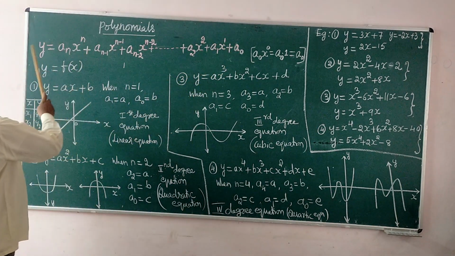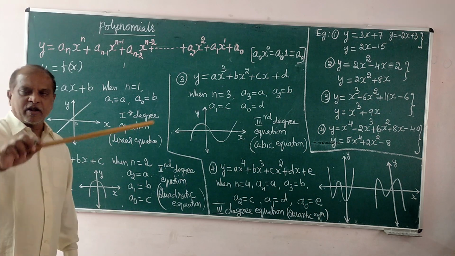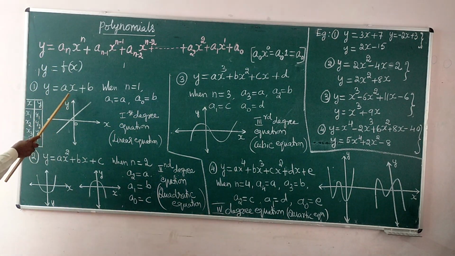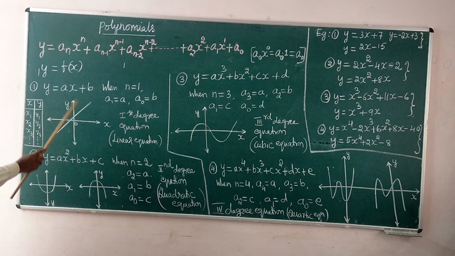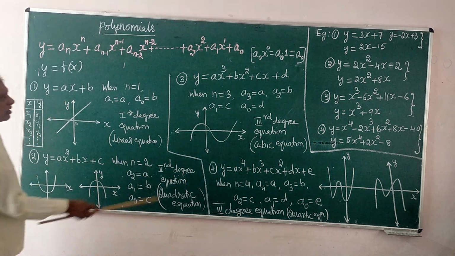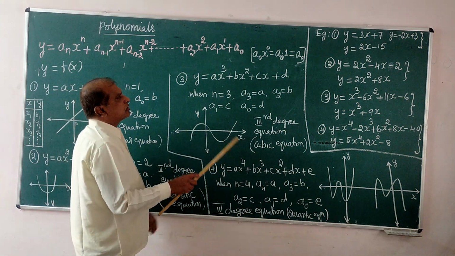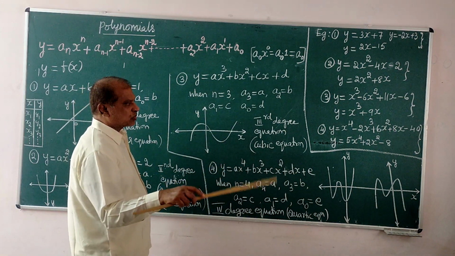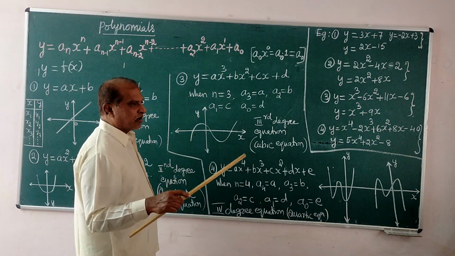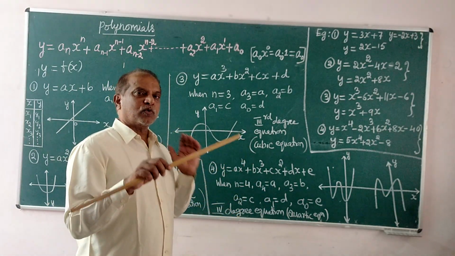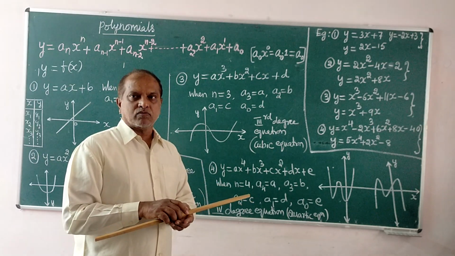From this equation we can generate different types of polynomials: polynomial of first degree, second degree, third degree, fourth degree, fifth degree, and so on. Like that, we have different polynomials and the meaning of roots of a polynomial.